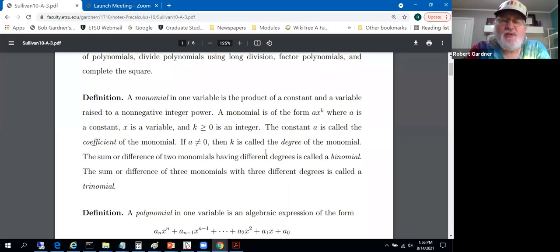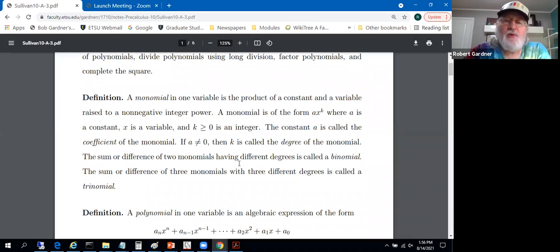For our purposes of dealing with polynomials, though, constant functions are something that we might not spend a lot of time on in the setting of polynomials. But a constant is certainly a legitimate form of a monomial. Parameter k is called the degree of the monomial. So that being said, if k is 0, then we have a constant monomial.